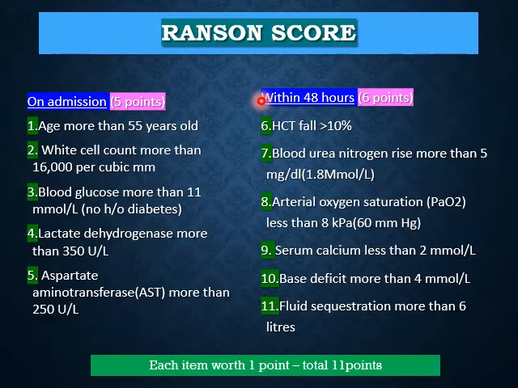The other thing that you must do is to assess the patient within the next 48 hours of the onset of acute pancreatitis: fall of hematocrit more than 10%, blood urea nitrogen increase more than 5 milligrams per deciliter, PaO2 less than 60 millimeters of mercury, serum calcium less than 2 millimoles per liter, base deficit more than 4 millimoles per liter, and fluid sequestration estimated at more than 6 liters.